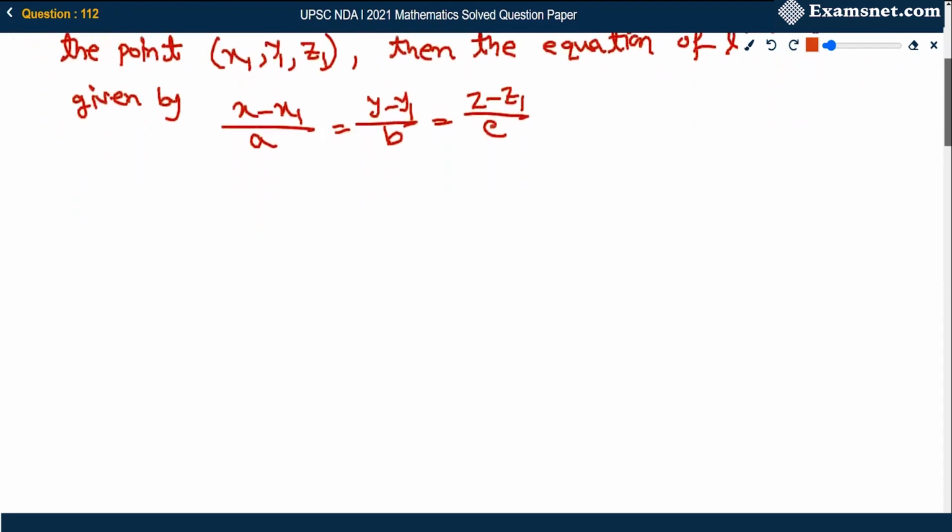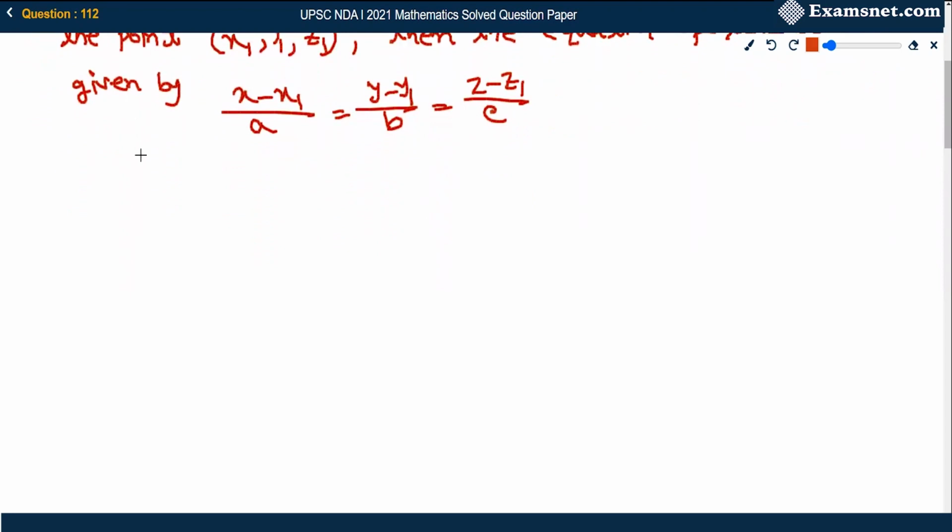Okay, and also there is a relation between direction ratio and direction cosine.